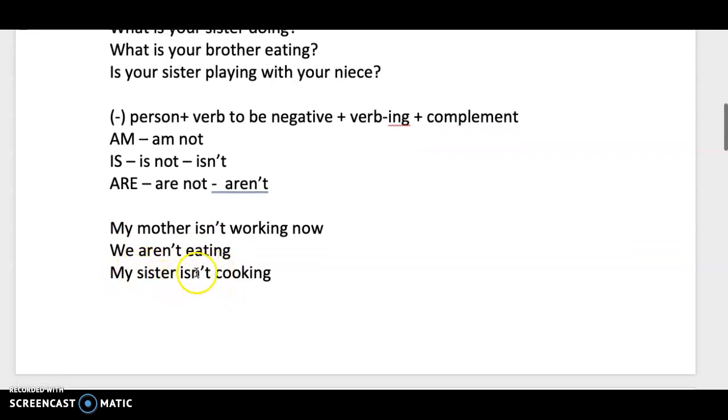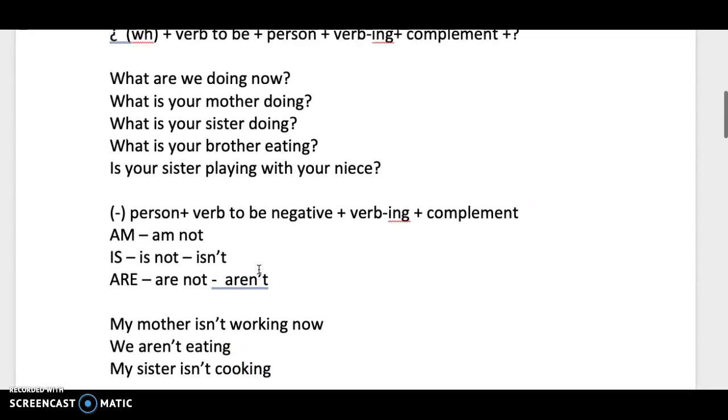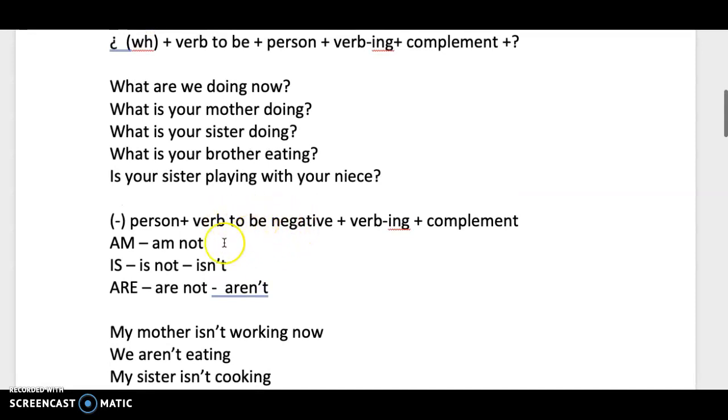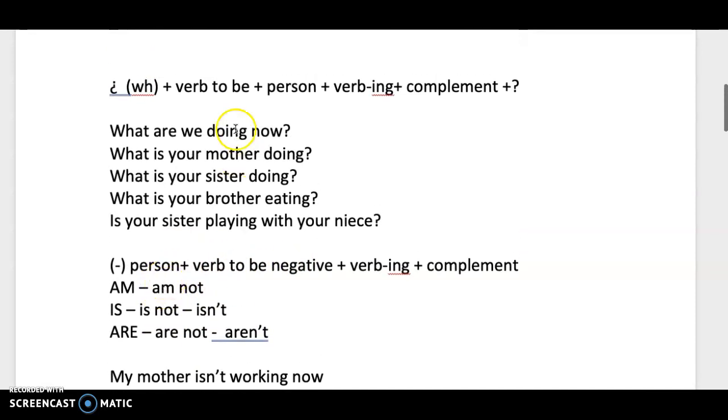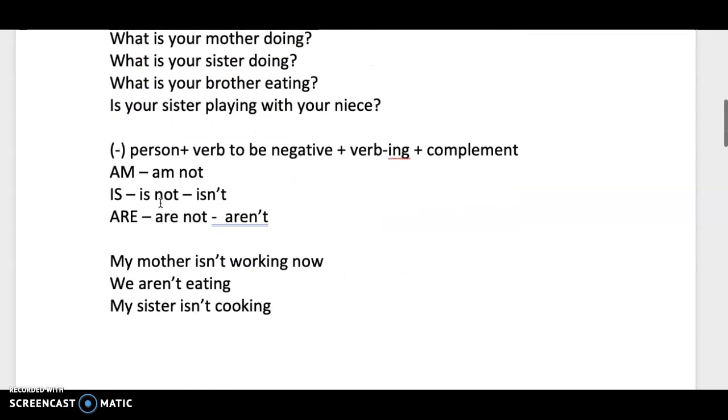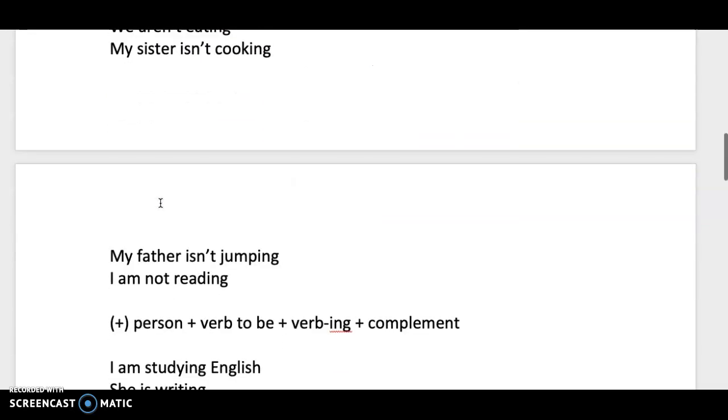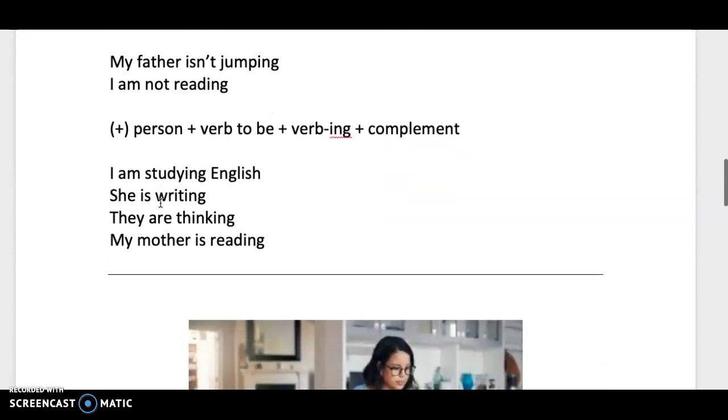Or my sister isn't cooking. Mi hermana no está cocinando. So we use the ing for ando, endo, indo. Okay? So remember always, the verb to be can be negative or affirmative, and it is very important in the sentence. Okay? Let's continue with affirmative sentences.